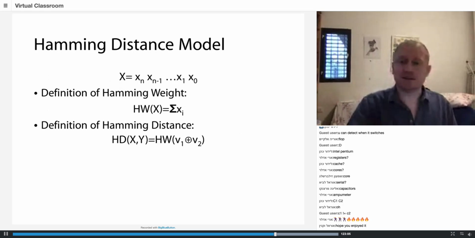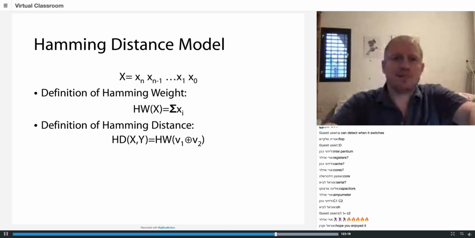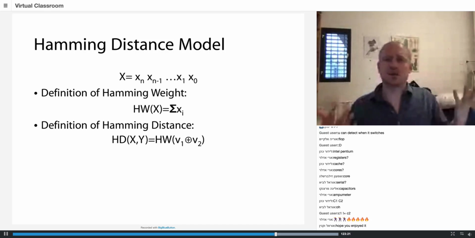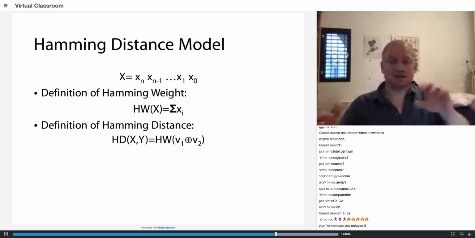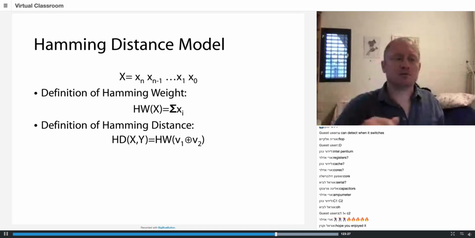Now, Hamming distance and Hamming weight you've all learned, and just to make sure you're refreshed, let's do the autocomplete exercise. I'm going now to the shared notes. Hamming weight is the number of bits which are equal to 1 in a number. So Hamming weight of 0 is equal to, fill it in the shared notes.